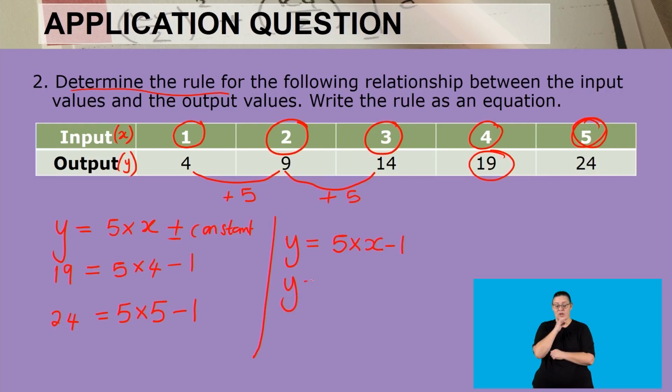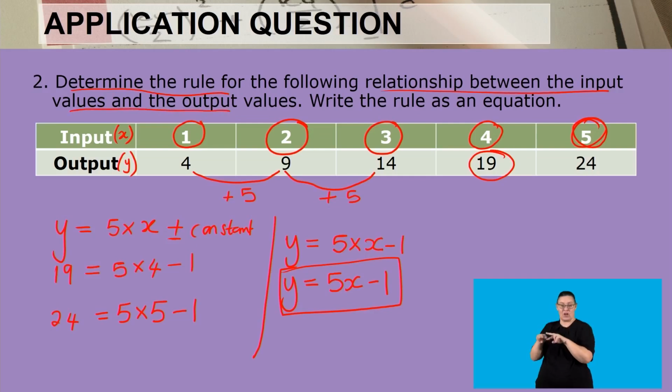So this is going to be y is equal to 5x minus 1, and that is going to be the rule of our table there, or basically the relationship between the input values and the output values. So how do we get the output values? We multiply the input value by 5 and then we subtract 1.